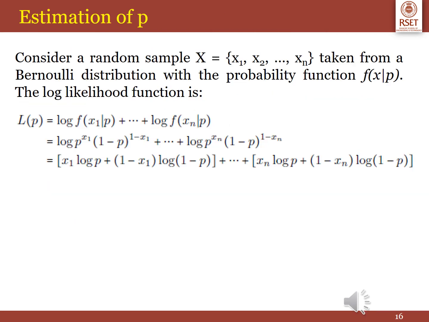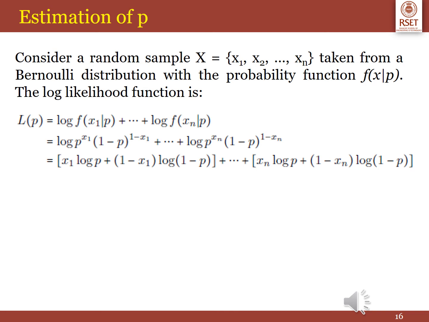Consider a random sample X equal to x1, x2, etc. to xn, taken from a Bernoulli distribution with probability function f of x given p. The log likelihood function is L of p, which is equal to log of f of x1 given p plus log of f of x2 given p, etc. up to log of f of xn given p.